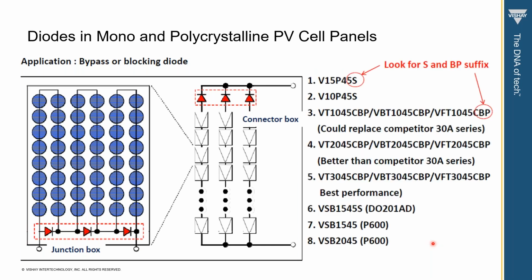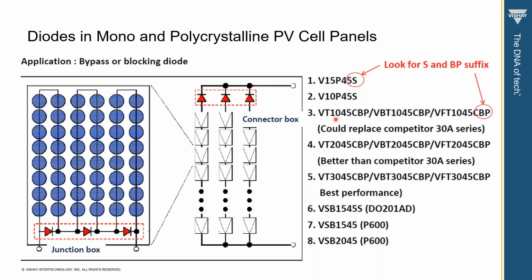How do you differentiate the Vishay bypass diode special for solar? For the Vishay part number, you just look for the S or the VP socket. So like this example, this is the 50 amp, 45 volt diode.